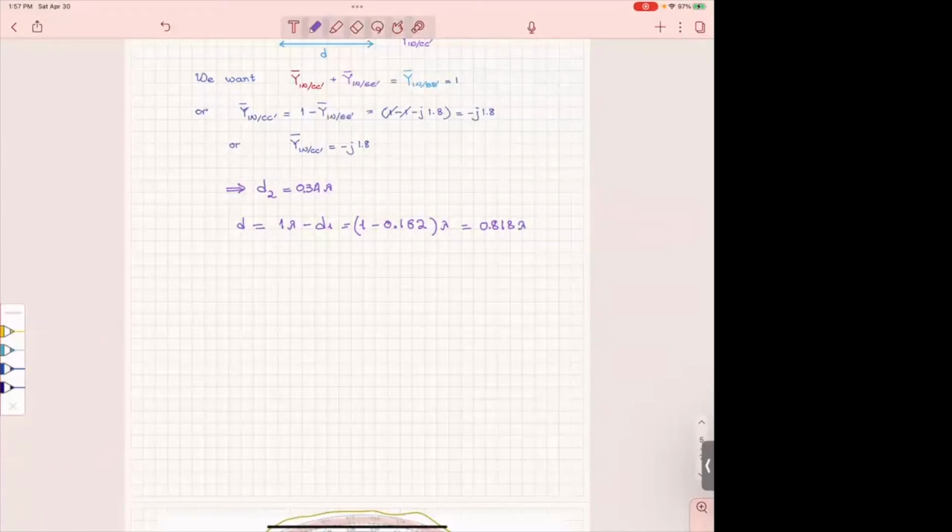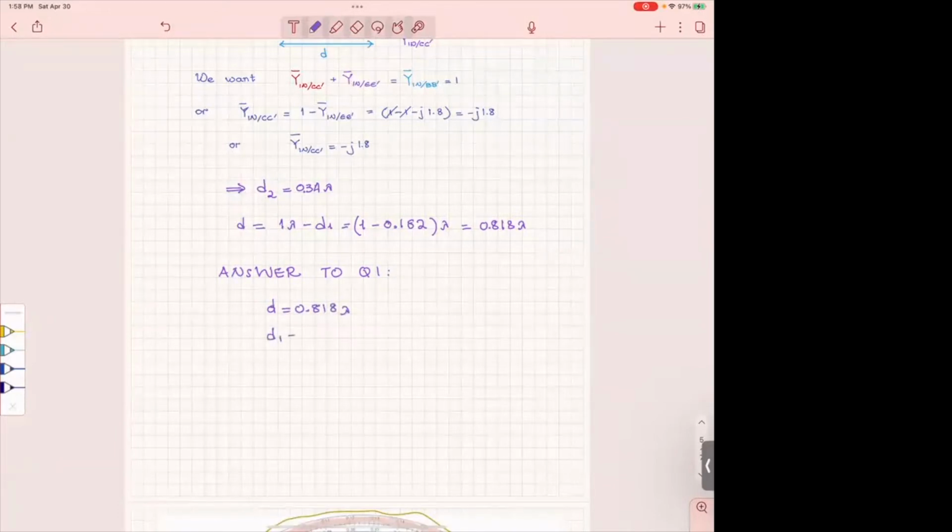Just to summarize everything, the answer to question 1 is the following. D is 0.818 lambda.